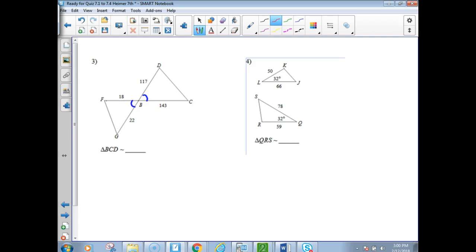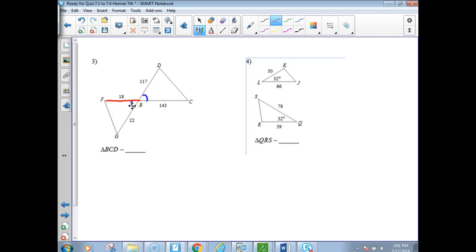So I'm going to compare 18, it's the smaller of the numbers on the small triangle, 18 and 22, and on the other triangle, which one's that compared to? This is real important because it's easy to mess up these. What side should I compare 18 to?